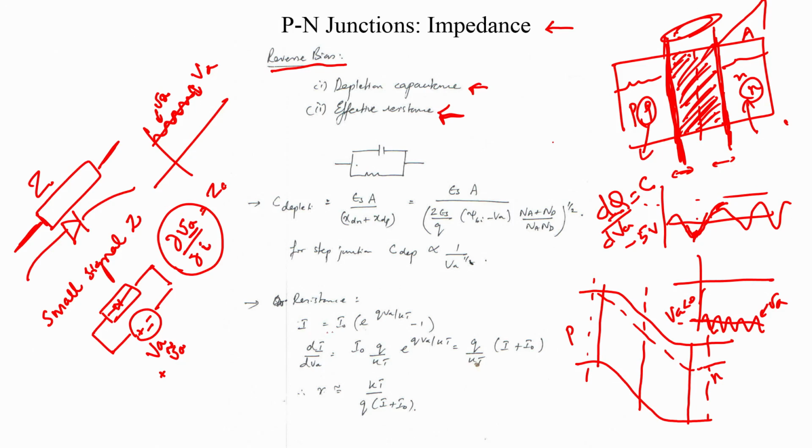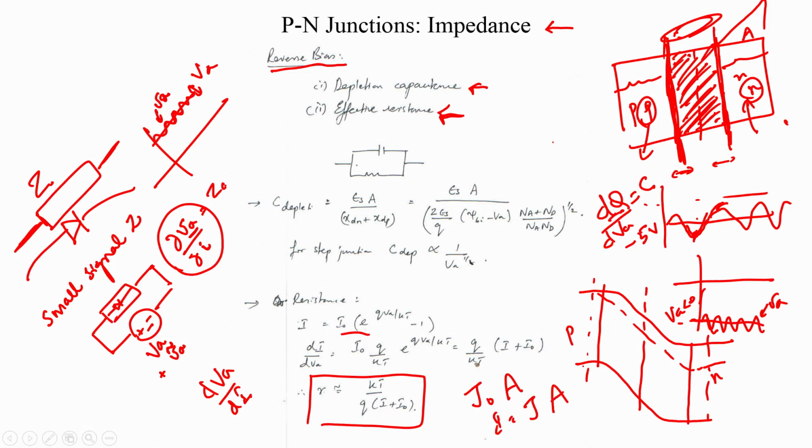We already know the current voltage characteristics, and therefore my small signal resistance is dVA by dI, and that is easily obtained by taking the derivative of dI by dVA and then taking the inverse of that, and you will find that the small signal resistance is kT by Q into I plus I naught, where I naught is nothing but your J naught times the cross section area, and I is nothing but the current density into the cross section area. We have already seen what J naught is, all the parameters it depends upon. So in reverse bias, this is the small signal capacitance and that is the small signal resistance.